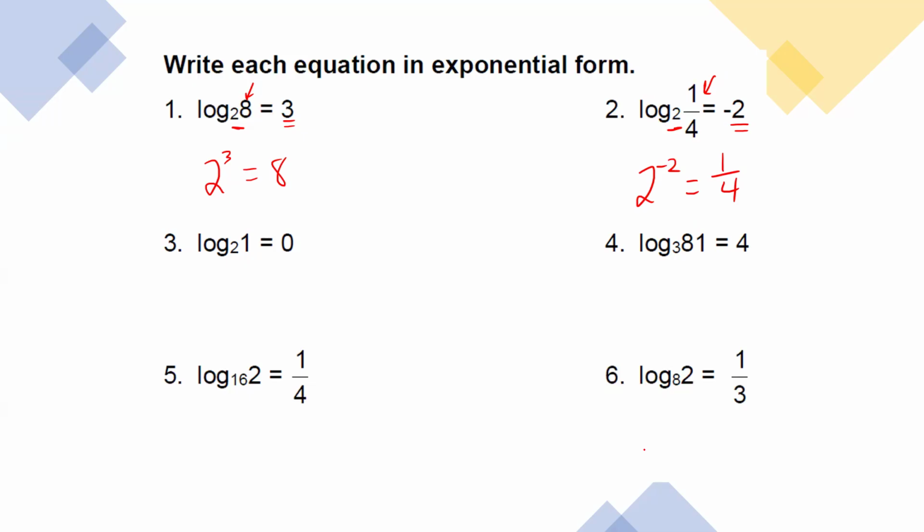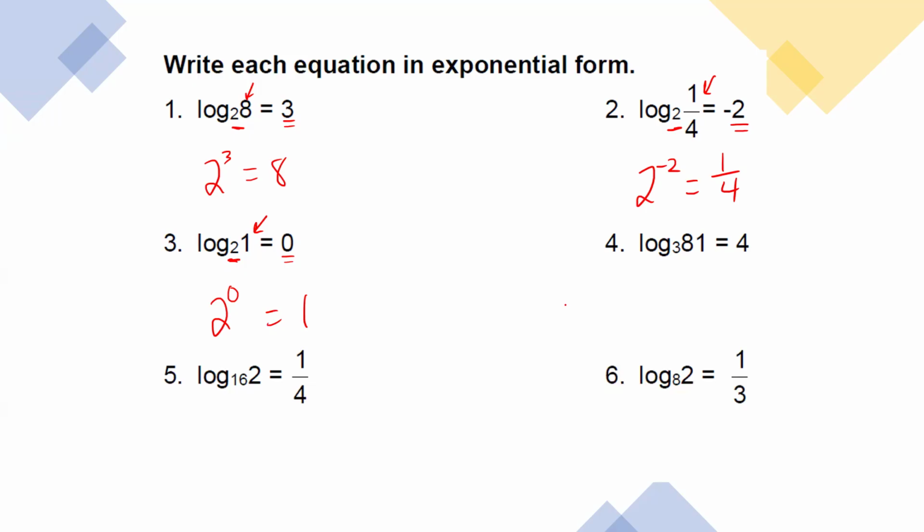If you can work it front and back, then you got it. All right, let's try really quick. Base of the log becomes the base of the exponent. The equal becomes the power, and the argument becomes the solution.